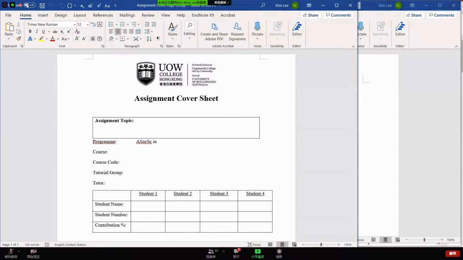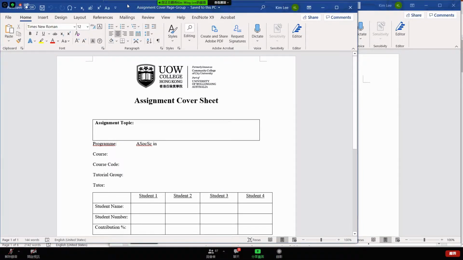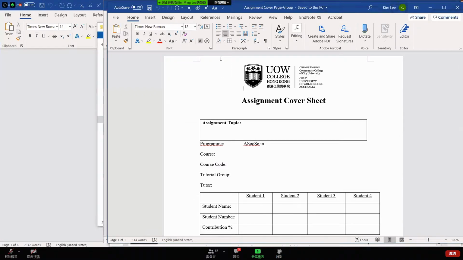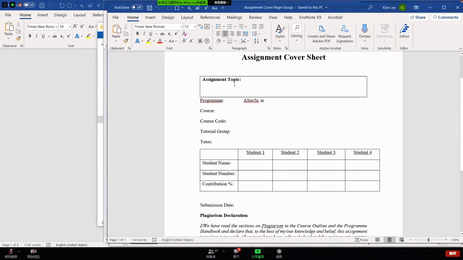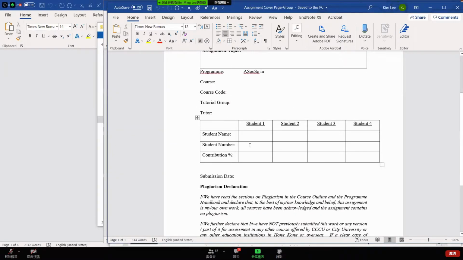So this is the assignment cover sheet. So you need to put the topic, assignment, and then you have something like this. This is a kind of peer review. So if you have some free rider, you just write something here, a 0% of contribution, something like that.